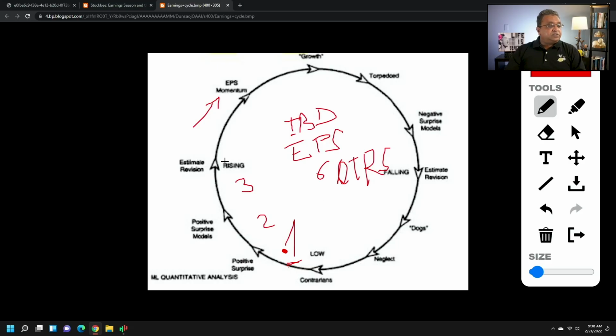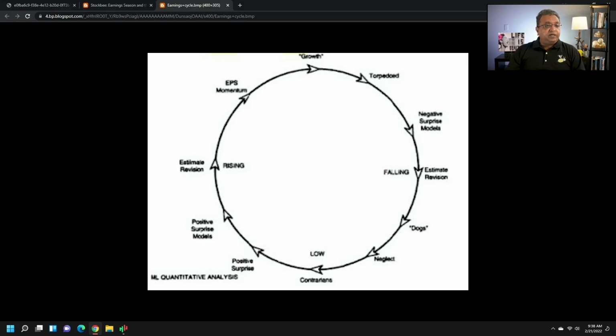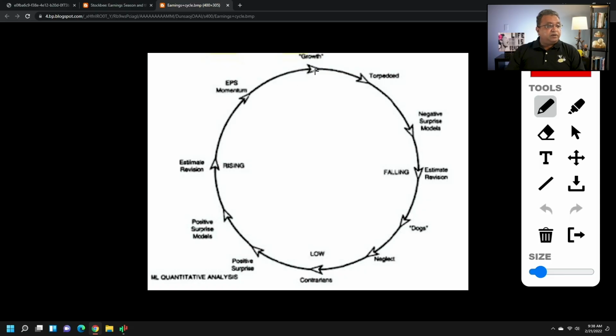Now, this is the quadrant where typically a stock will have a high EPS rating, right? And because by that time the stock has had multiple earning surprises, it will also have higher relative strength.